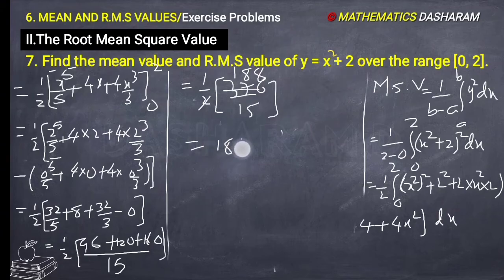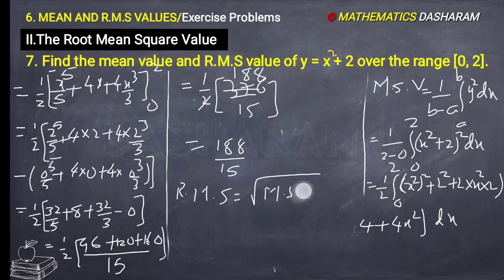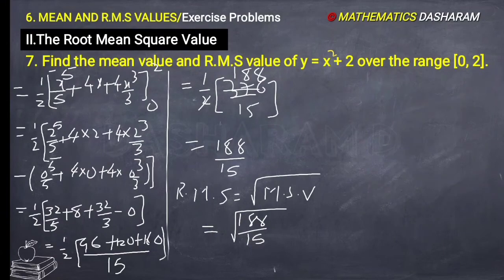So 188 by 15. Now RMS, root mean square value. RMS equals under root MSV. So that is under root 188 by 15. Its decimal answer is 3.54.